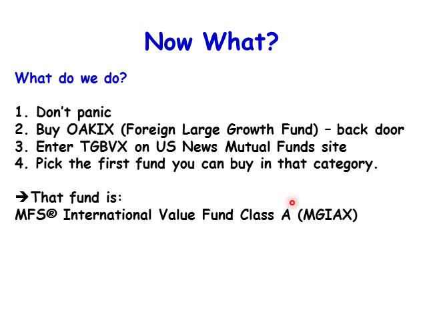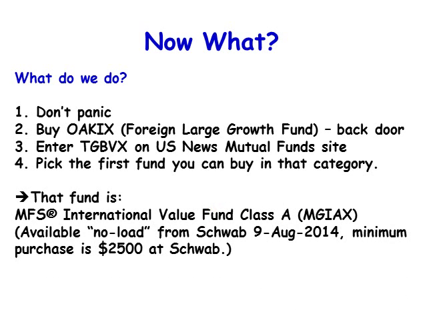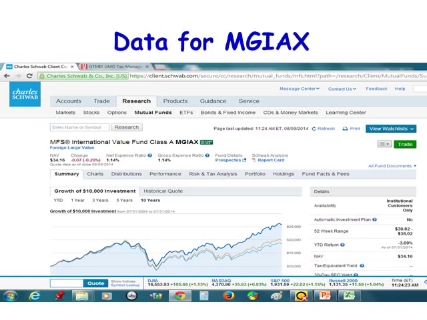It's a load fund, but there is a backdoor entry. The fund is available no load from Schwab, and that today is 9th August 2014, and the minimum purchase at Schwab is $2,500, which I can afford, and I intend to buy that fund at Schwab. Okay, let's continue.